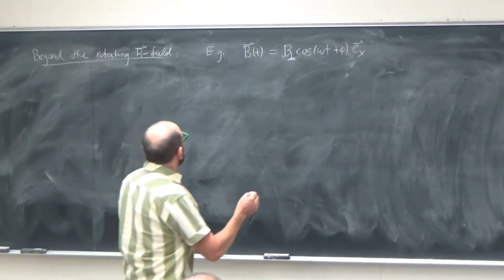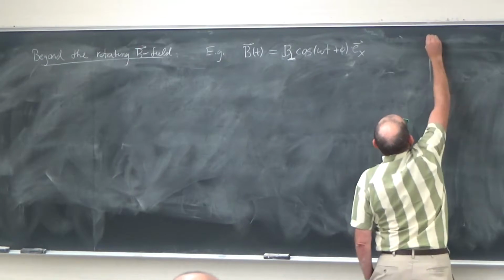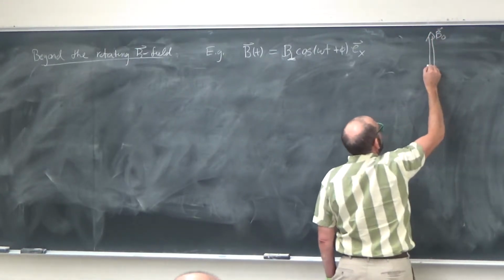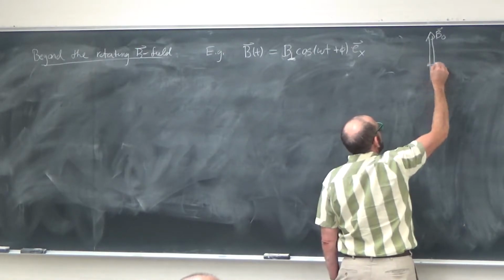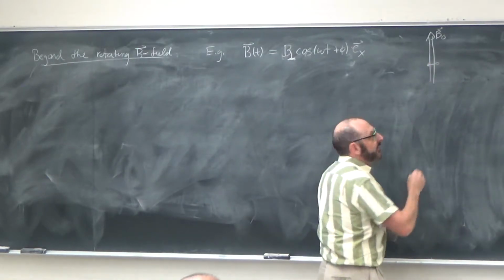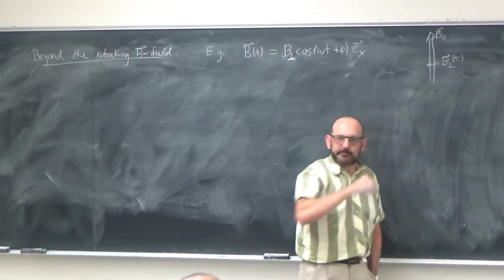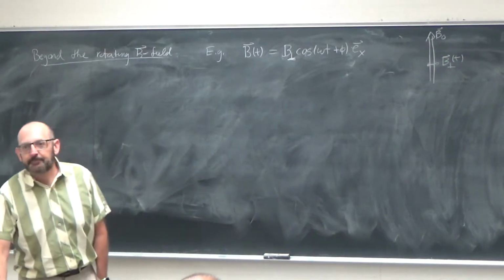So the problem now is that I have this static magnetic field, and I apply this very weak transverse magnetic field that's going back and forth, oscillating linearly in time, okay?